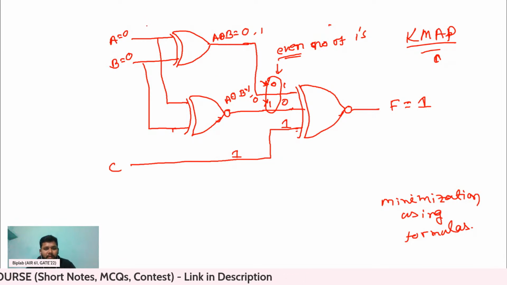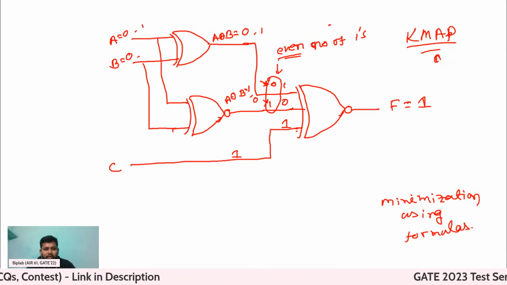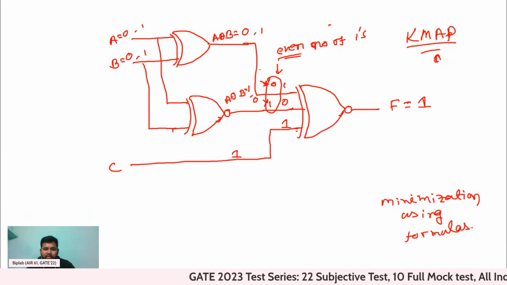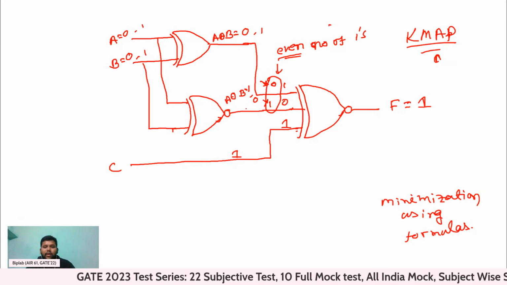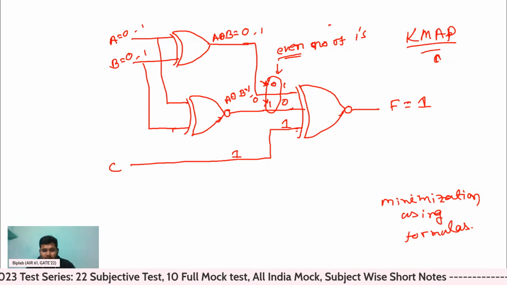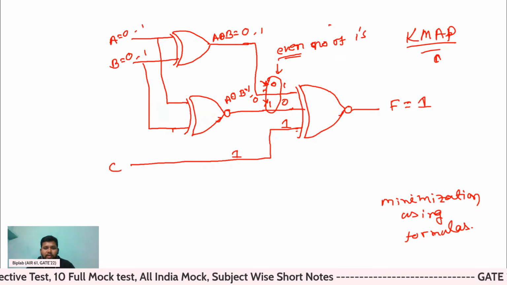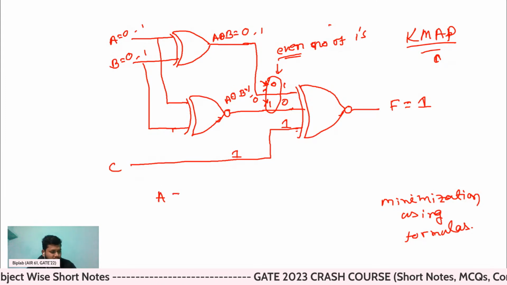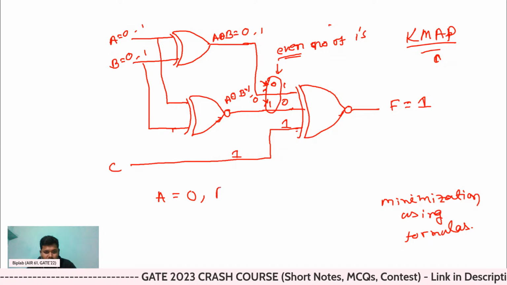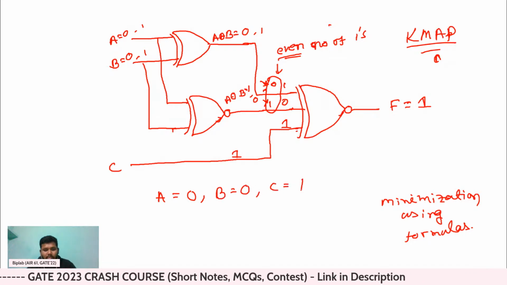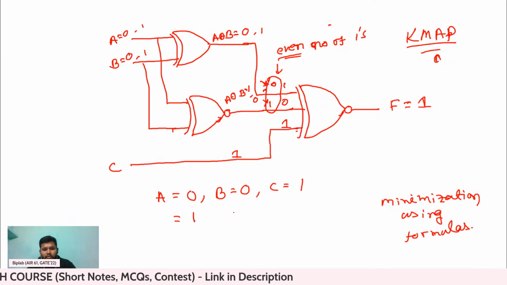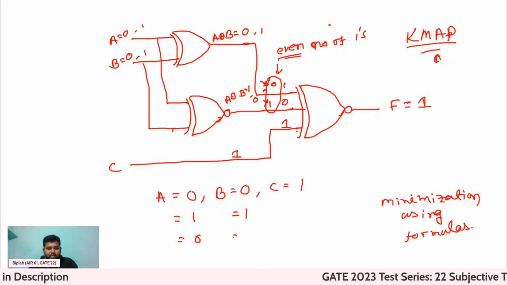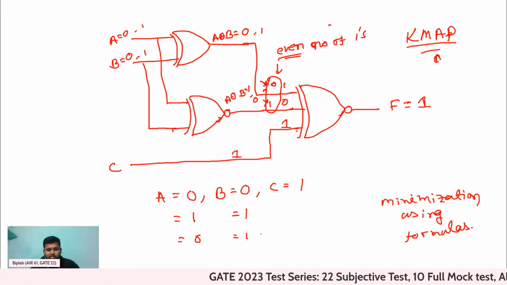The same way, if you take 1, 1, then also it is satisfying. 1 or 1 is 0 and 1 XNOR 1 is 1, so you are again getting this. So A equals 0, B equals 0 and C equals 1 is satisfying, and both can be 1 also. Can one be 1 and the other 0? Yes, these are also possible answers.